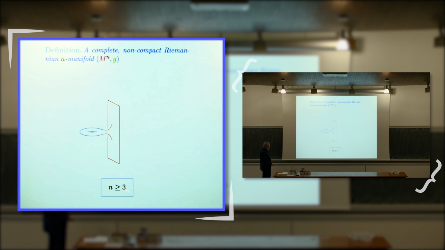So let me now introduce an important notion. A complete non-compact Riemannian n-manifold, and here this is a fake picture. I'm always going to assume that the dimension is at least 3, but sometimes a fake picture is better than no picture at all. So we're assuming the real dimension is always at least 3 from now on.